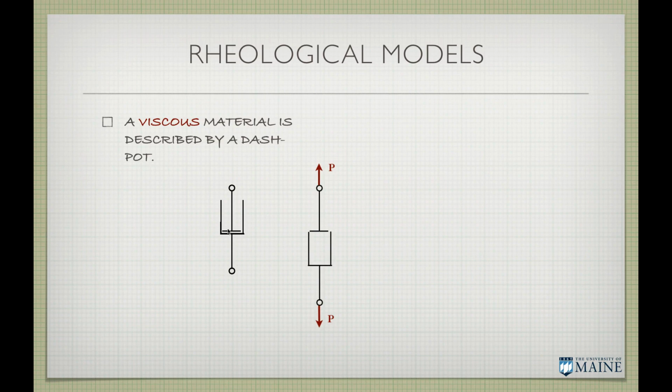It doesn't want to come up right away. But if you pull it up slowly, you can pull it up to the top. This is what we use to describe a Newtonian fluid. We'll get to differential equations later, but if the viscosity is a constant as related to strain rate, it's a Newtonian fluid.